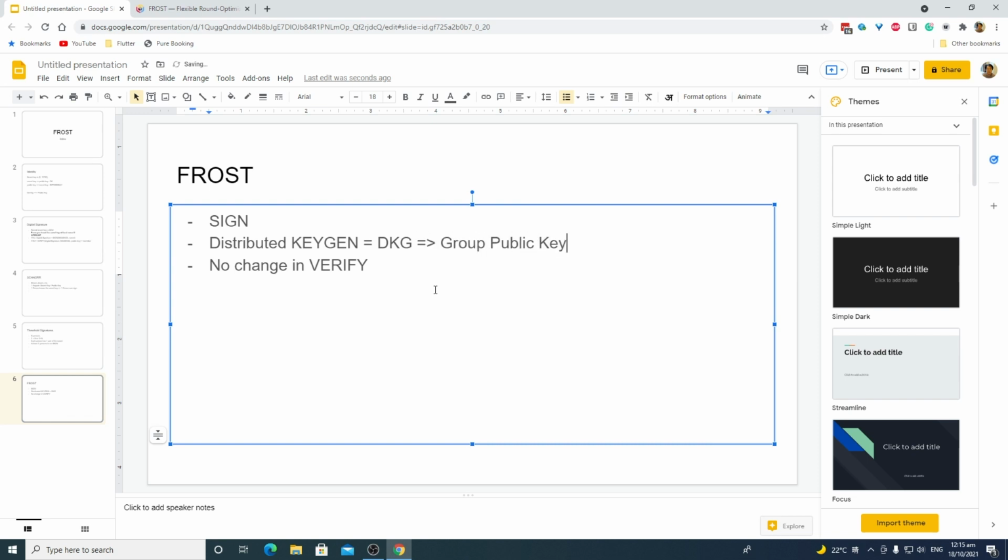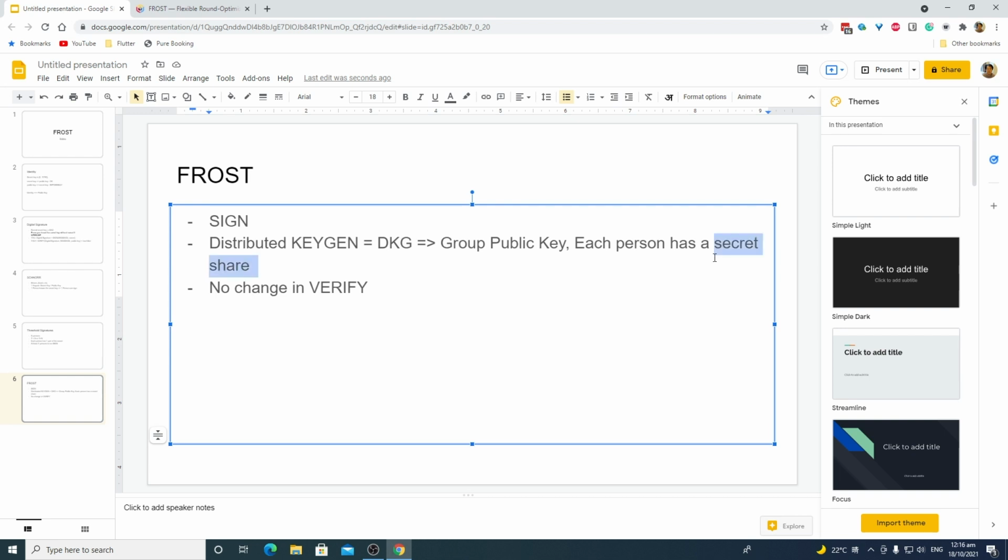So we can write it as: the outcome of DKG is the group public key. All right, so everybody will agree on that same public key. So when you distribute the public key, you will actually distribute this group public key, and each participant, each person, has a secret share.